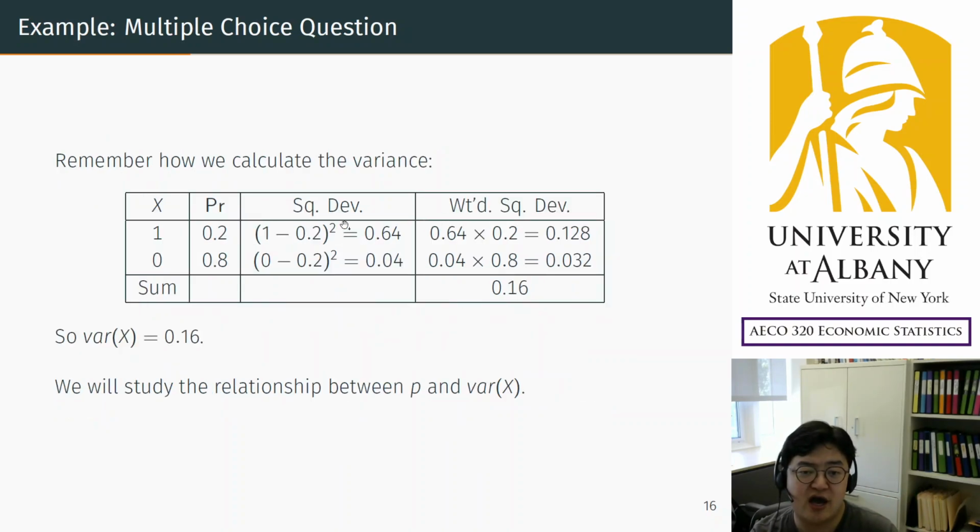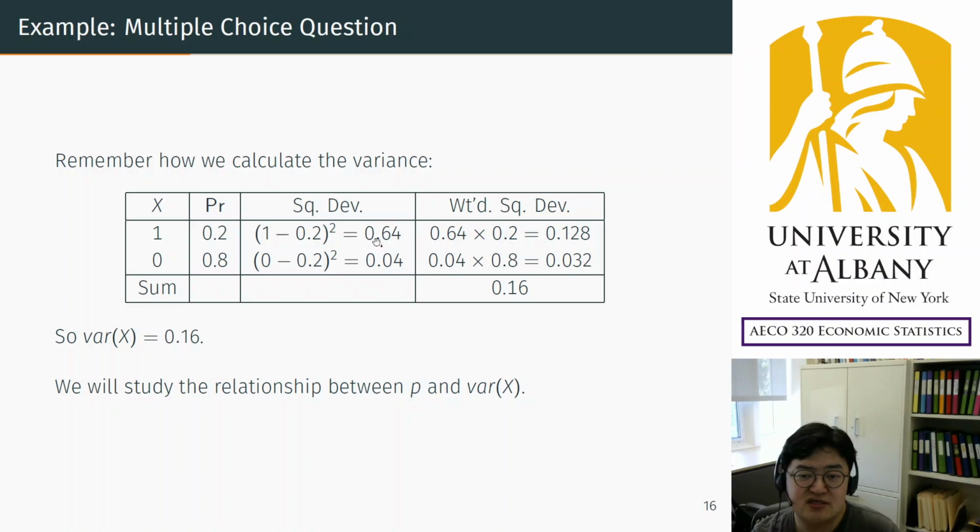Okay, if you follow that, subtract the mean, 0.2, and then take the square. Then the squared deviation is calculated this way. 1 minus 0.2 squared is 0.64. And for outcome 0, 0 minus the mean 0.2 squared is 0.04.